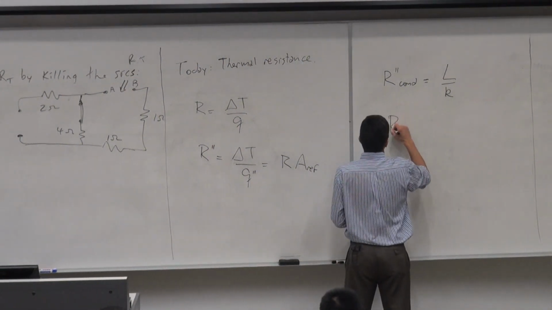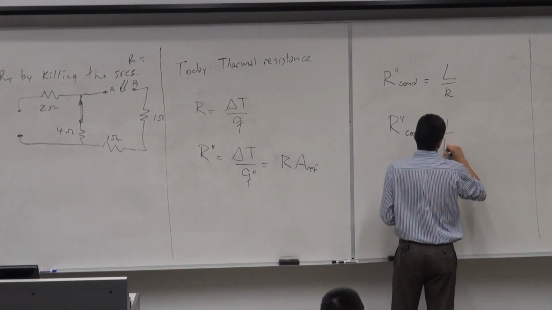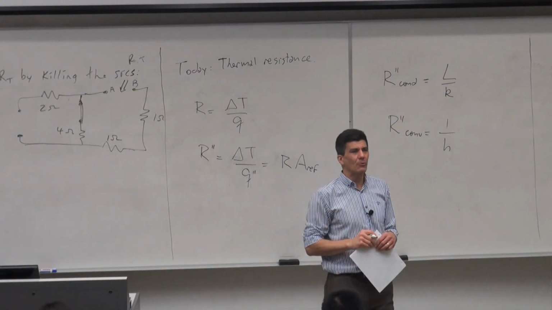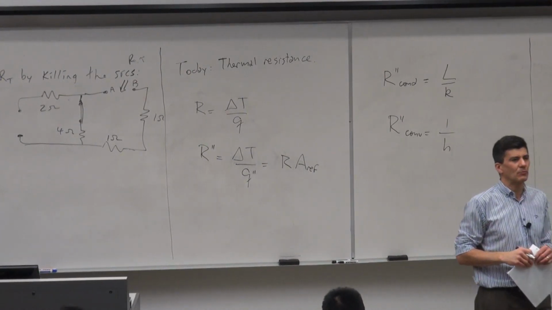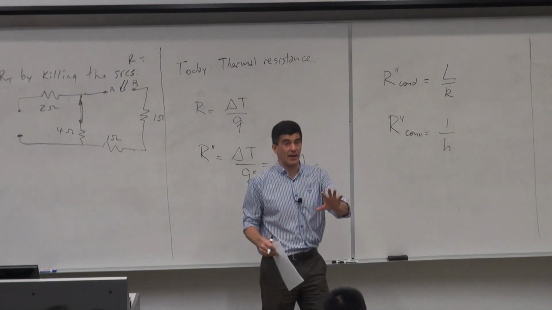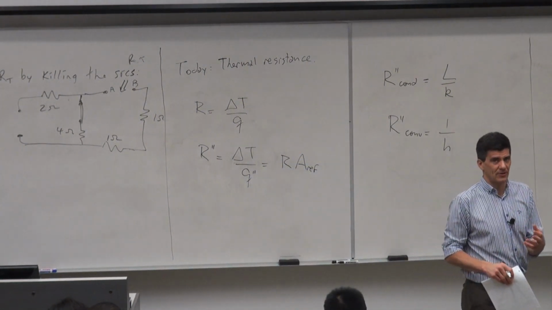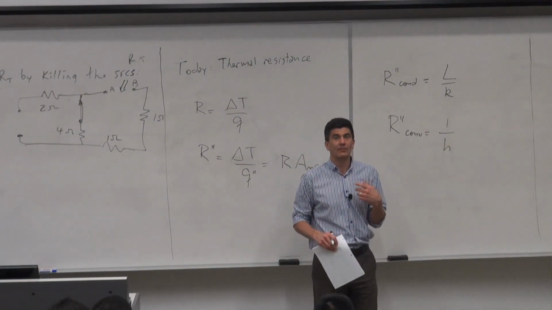And we also talked about the thermal resistance of convection that was 1 over H, right? And then we said, how interesting, because what we call convection would have a thermal resistance of convection. In reality, it's a lie. The truth is there is conduction through a boundary layer, right? In reality, what we have is thermal resistance of conduction.